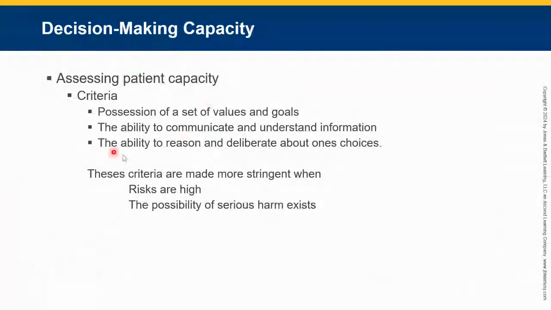So these are pretty basic criteria to determine that somebody has decision-making capacity. These criteria are made more stringent in certain circumstances. One where risks are high and the patient seems to be making a choice that is not in line with their own values and goals.